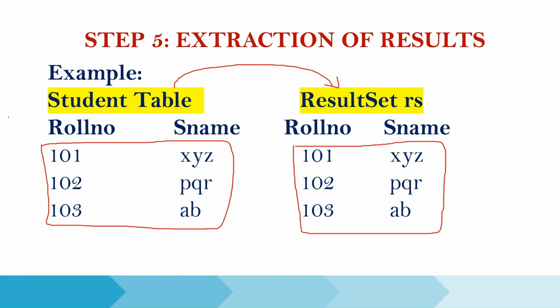Now what happens is, by default, as I said, there is a pointer which is pointing to the position above the first record. This one is the first record, 101, but by default the pointer points somewhere above it. This one is the actual table, so better I write it here.